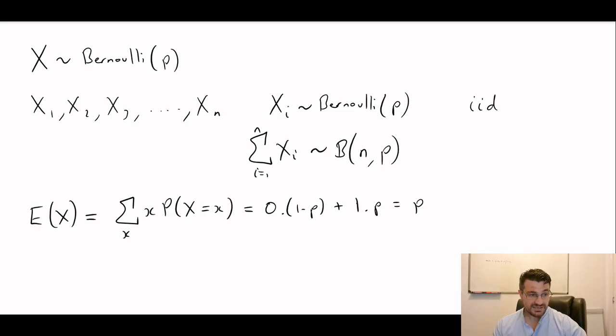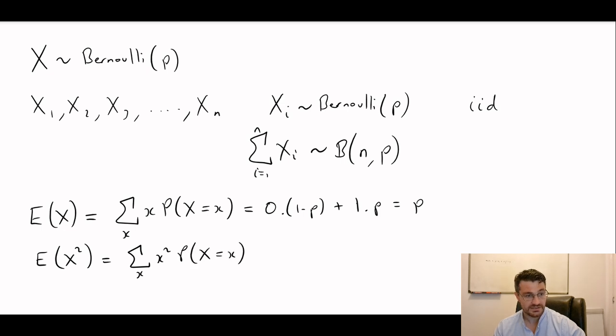The variance, well, before we get to the variance, let's calculate the expectation of the square of this random variable, which is the sum over x of x squared times the probability that X equals x, which is equal to 0 squared times 1 minus p plus 1 squared times p, which of course is just equal to p again.